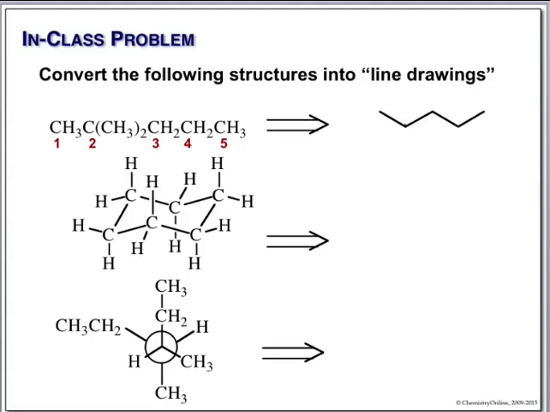So we'll find carbon 2 and simply put in 2 lines, remembering that each of these represents a CH3. So we interpret this as a CH3, 2 more CH3s, and then 1, 2, 3 carbons in our zigzag.